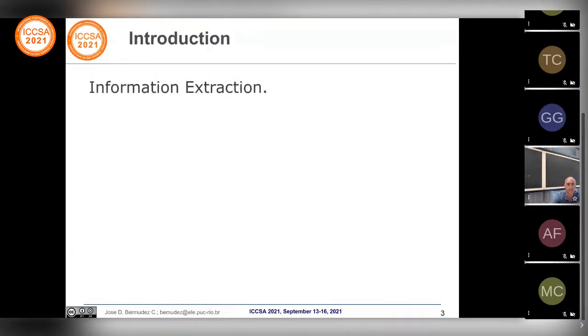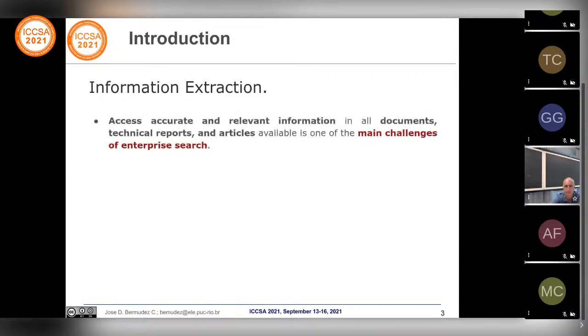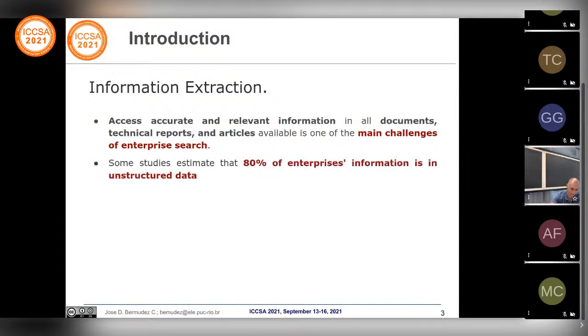So our work is focused in the context of information extraction. One of the main challenges of enterprise search is to access accurate and relevant information in all documents, technical reports and articles. Some studies estimate that 80% of enterprise information is unstructured data.